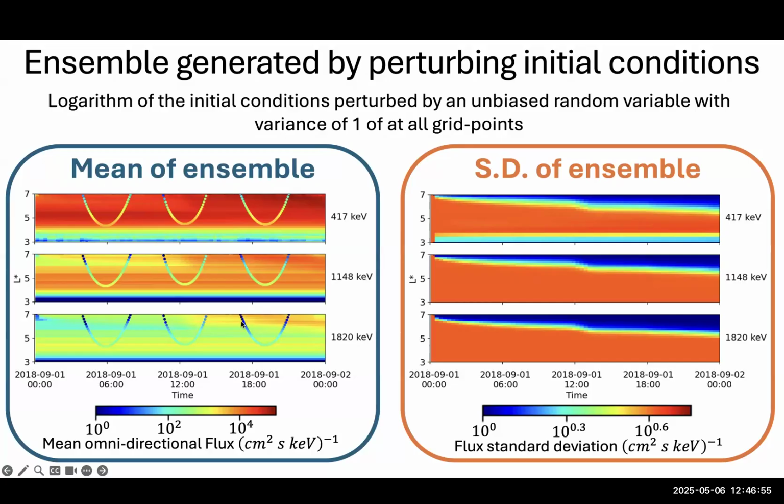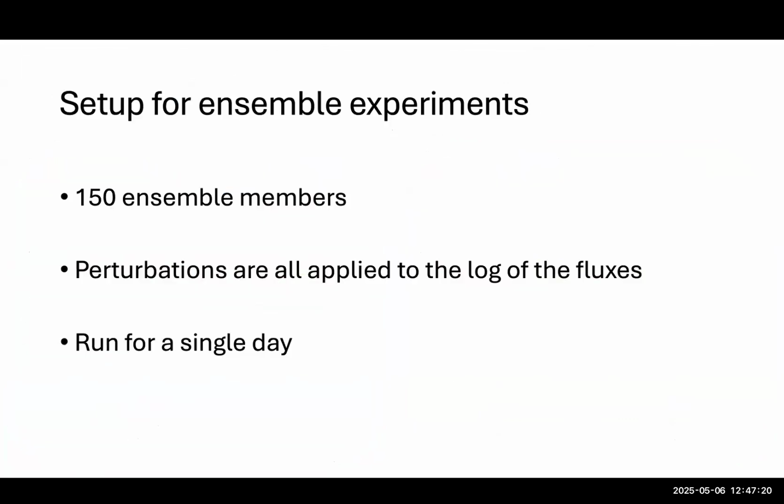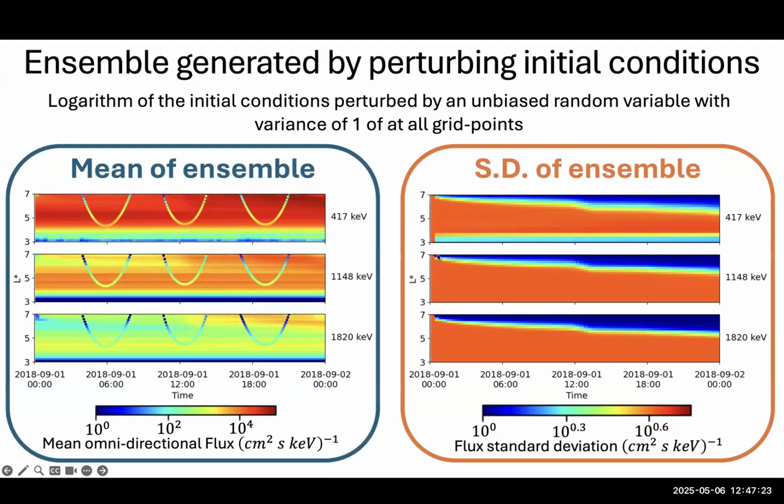If we perturb the initial conditions by an order of 1, we start with 1, but as we go through in time, since we've not perturbed the outer boundary, certain outer boundary conditions are being radially diffused into the system, meaning that we're losing the spread in the ensemble at the outer L stars.